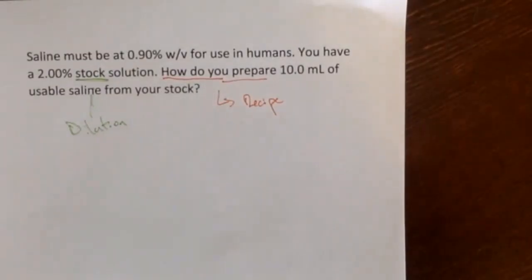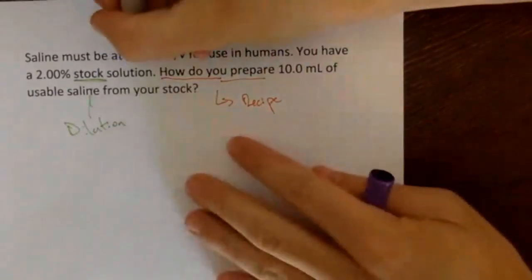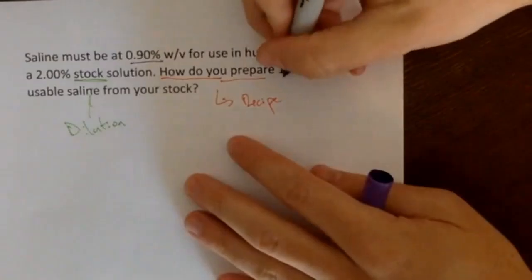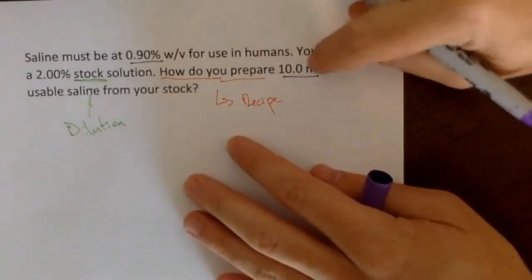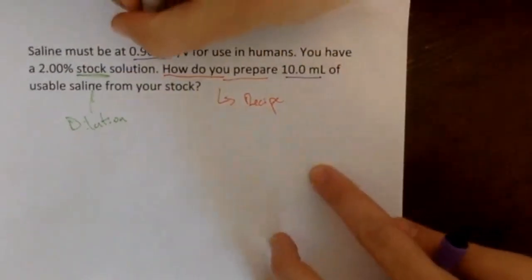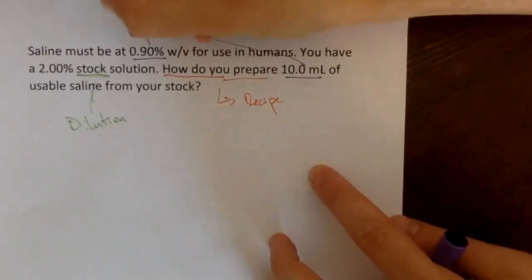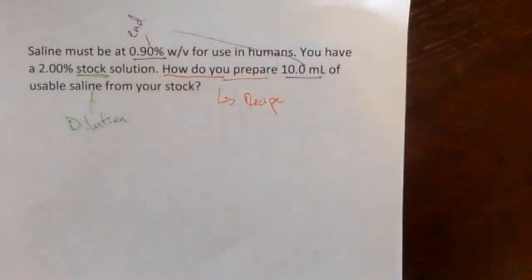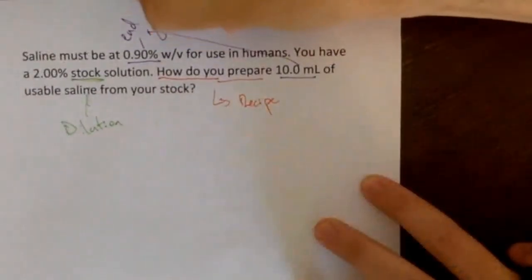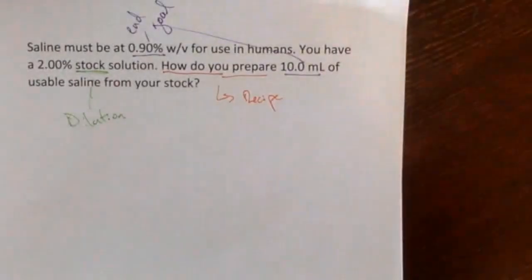So you can see that not only do we have a target concentration, we also have a target volume. So this would be the end. This is the goal of our dilution: 10 milliliters of 0.90% solution.